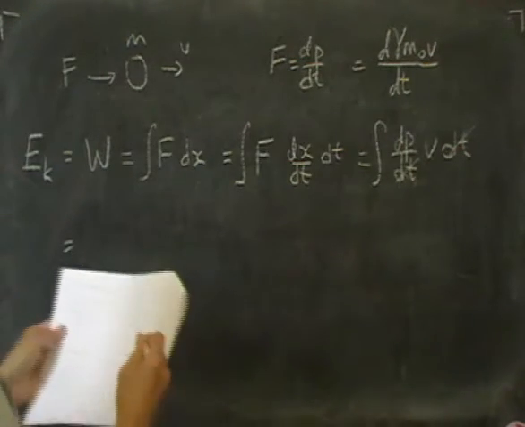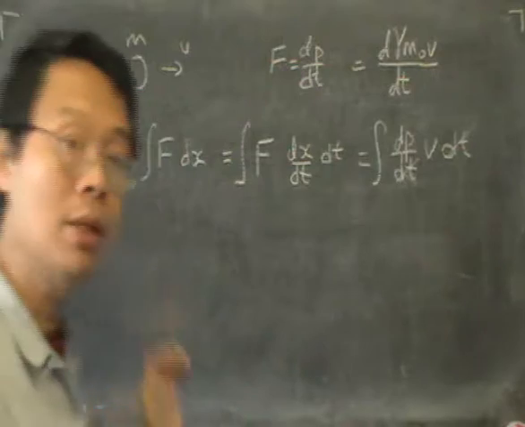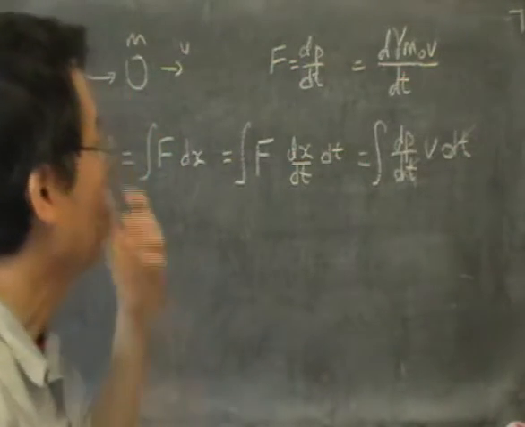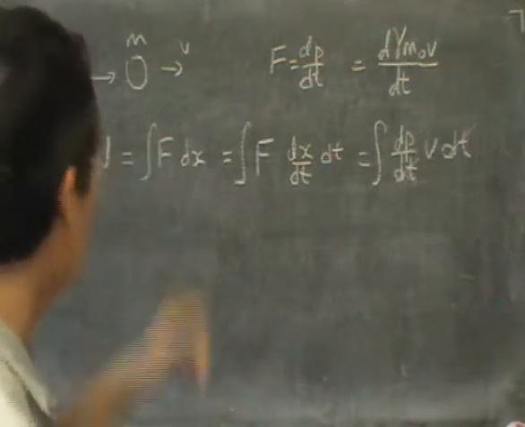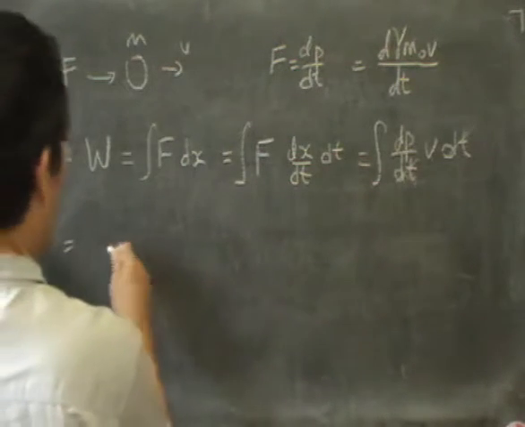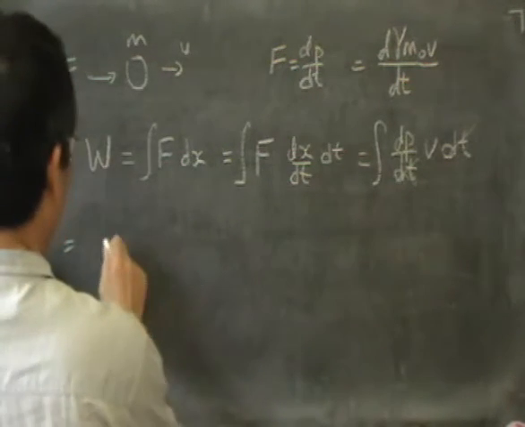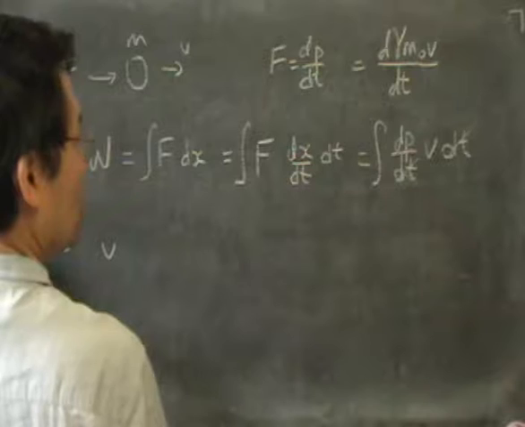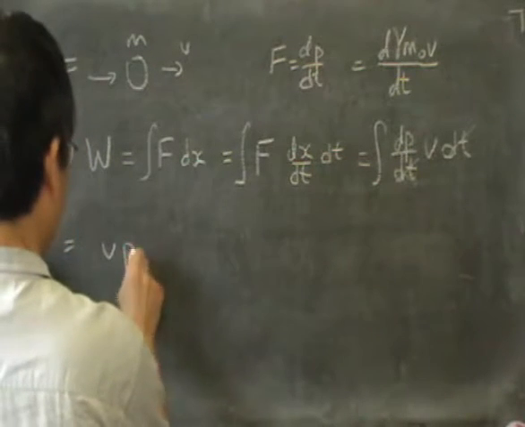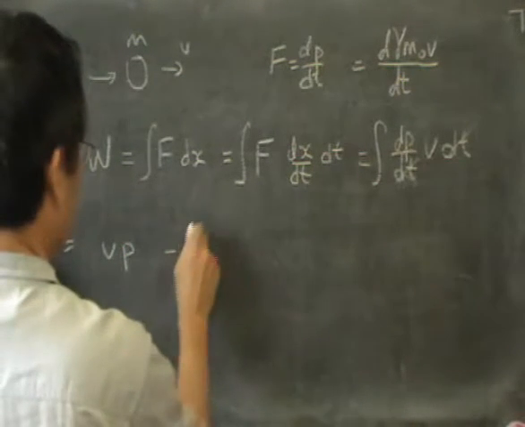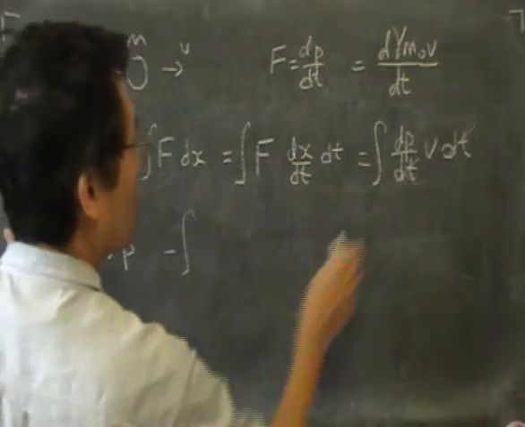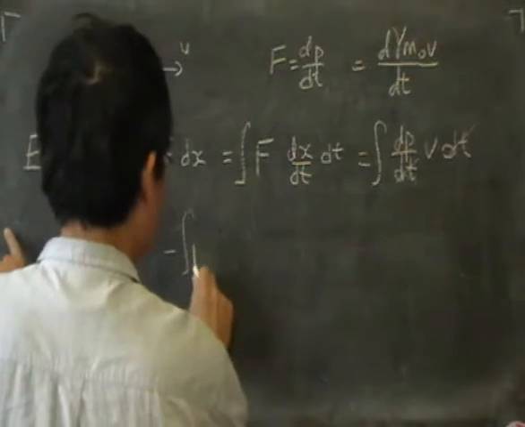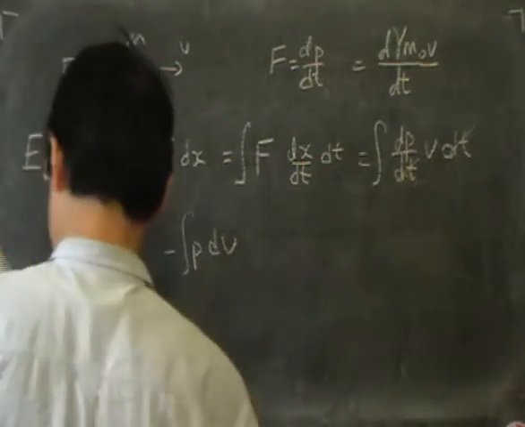And with v dp I can integrate by parts. So I'll have v and p minus, so v dp becomes p dv.